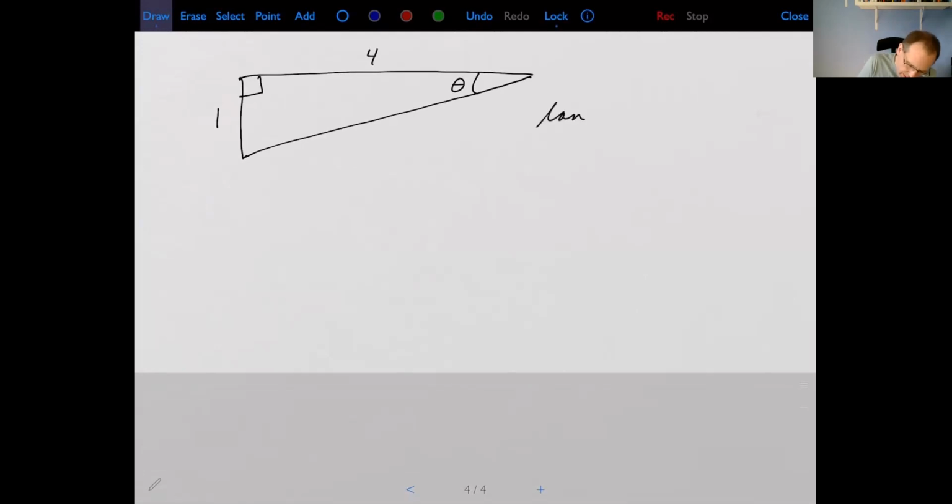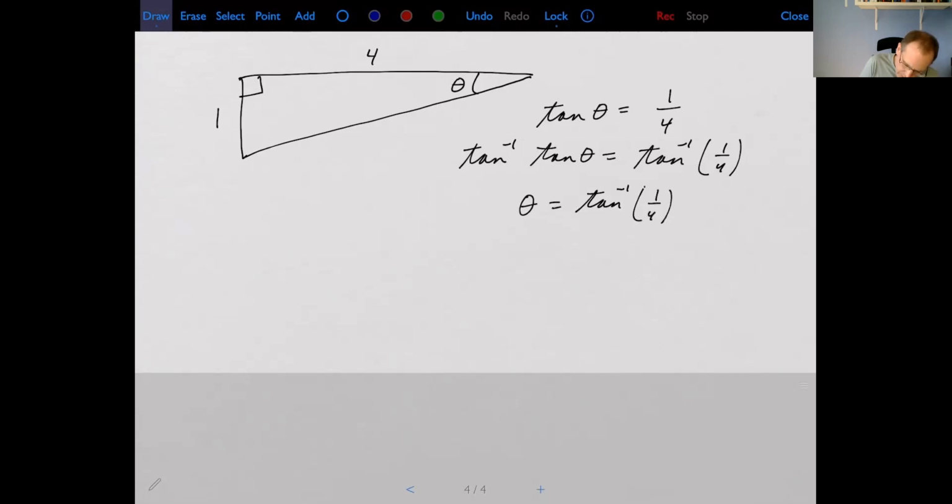So tan theta must equal 1 divided by 4. If I take the inverse tangent of both sides, then theta is equal to the inverse tangent of 1/4, which is around 14.04 degrees.